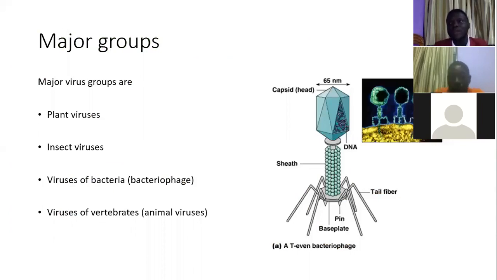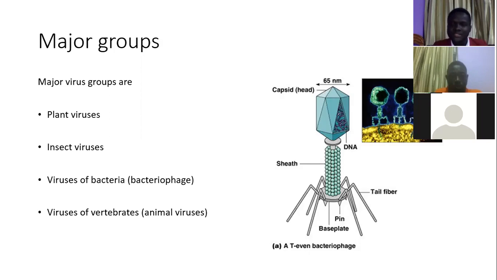Today, when you got up this morning, you mentioned virus because of coronavirus. Every day when you wake up from your bed, you mention the word virus. Viruses do not only infect humans, they also infect plants. So we have plant viruses, we have insect viruses. And one interesting thing is that viruses also infect bacteria. Viruses are microscopic, bacteria are also microscopic.